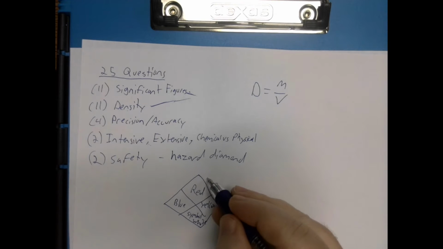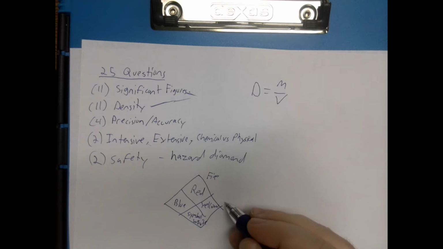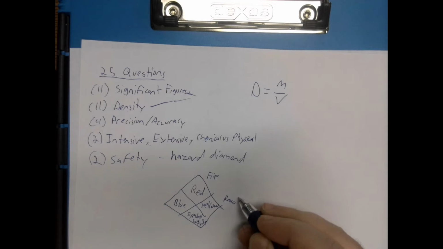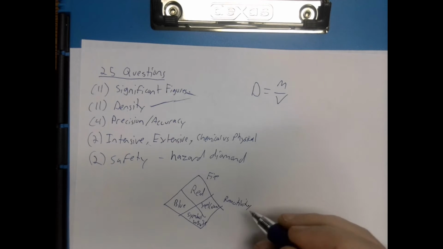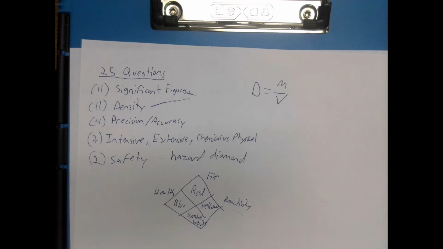So red deals with fire, the white is some symbol, the yellow is reactivity, and blue is health hazard. So if I give you a random hazard diamond, be able to tell me what dangers it represents.